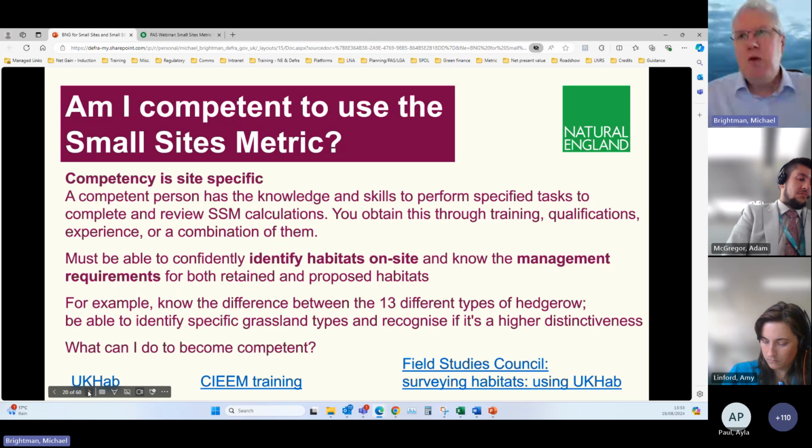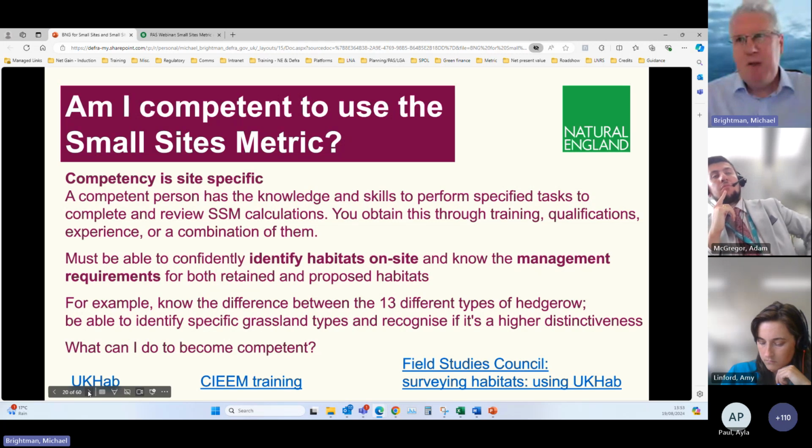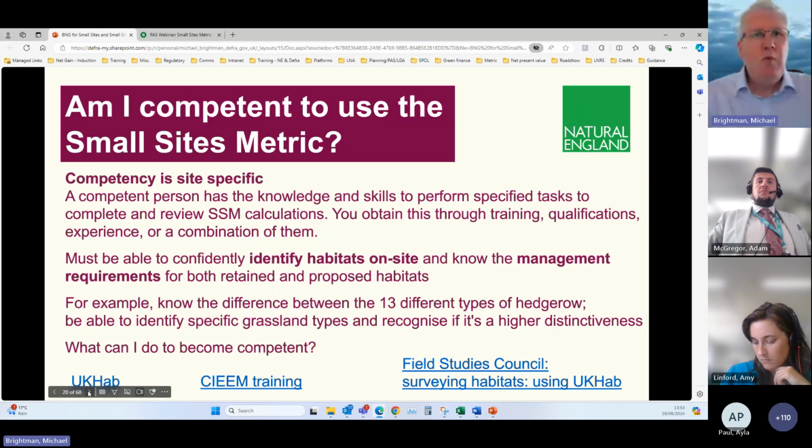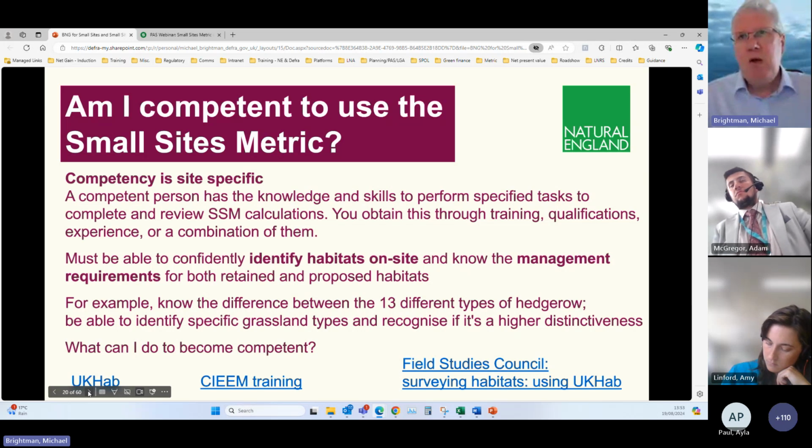And they could take courses from the Field Studies Council, especially, for example, one called Surveying Habitats using UK HAB. And certainly professionals such as landscape architects and architects, using the example of the Field Studies Council course, could well become competent on a wider range of small sites following that training.